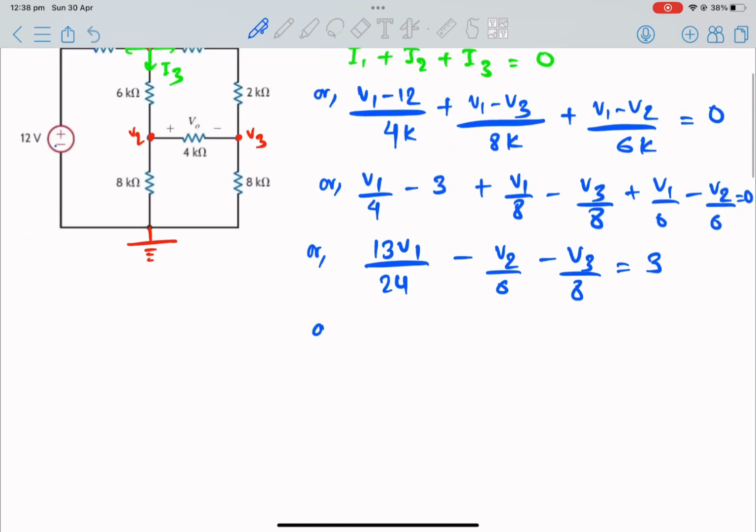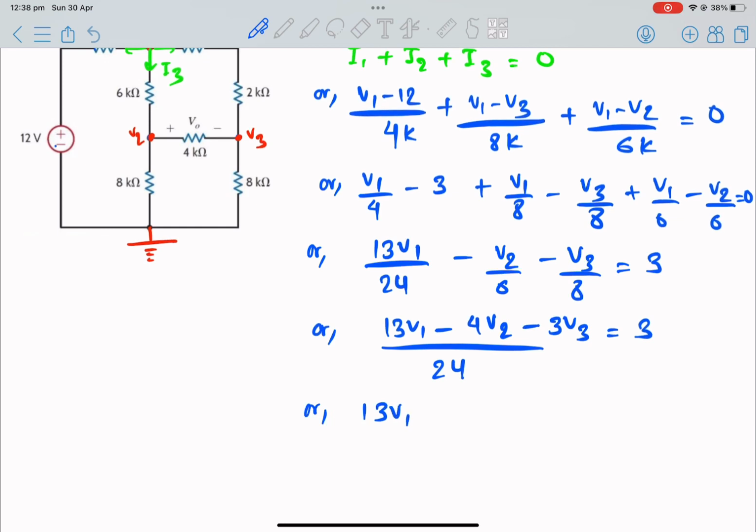So let's take 24 as common: 13 V1 minus 4 V2 minus 3 V3 equals 3 times 24, which is 72. So we get one equation.